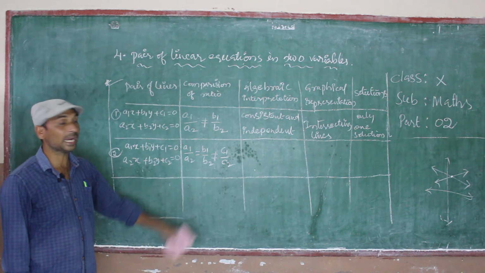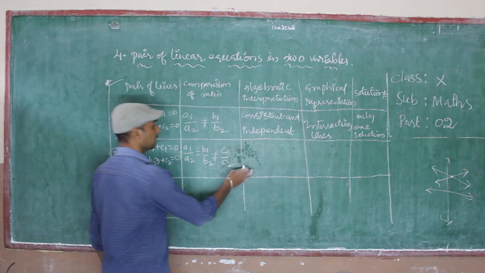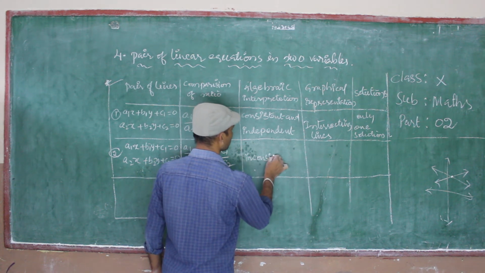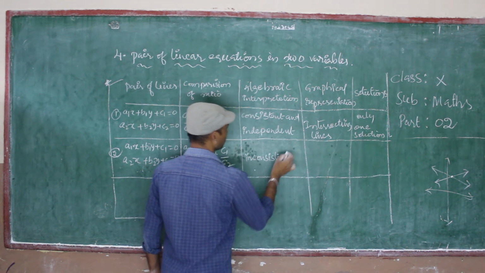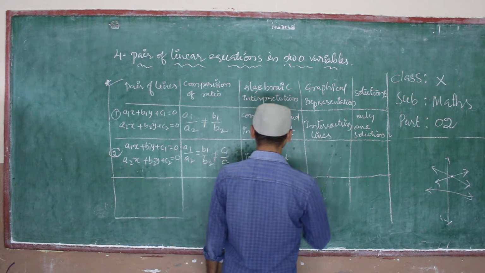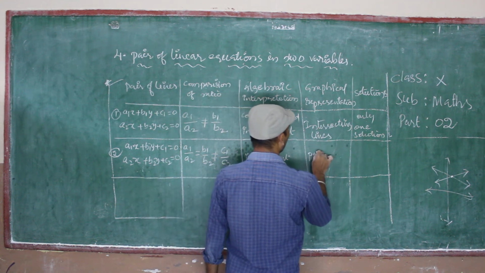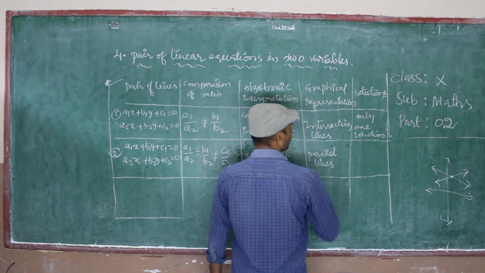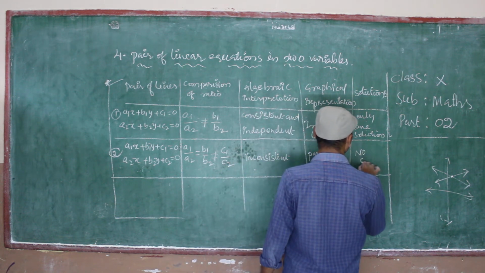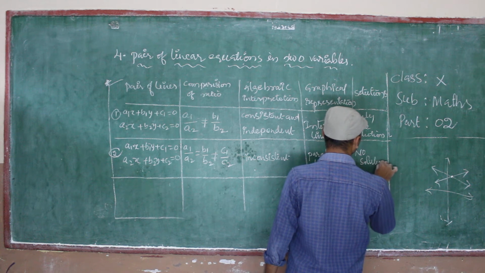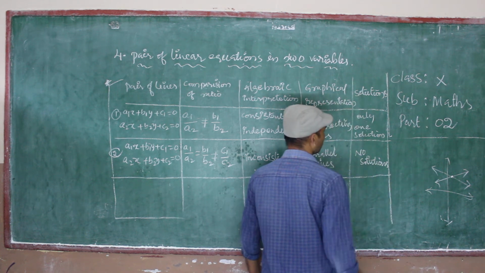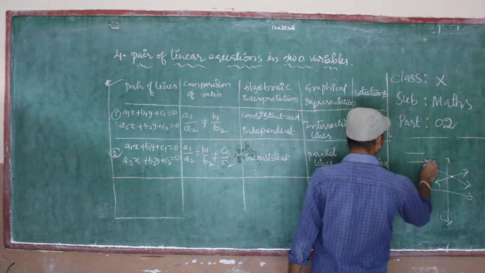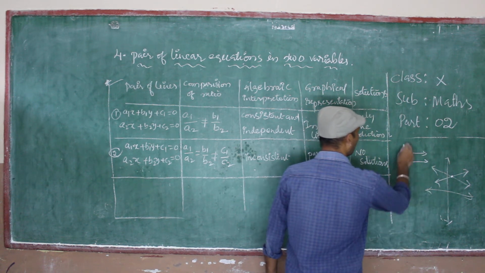If the condition is satisfied like this, it is inconsistent. Right? Here parallel lines, no solutions. So if you draw a graph, then you will get parallel lines.